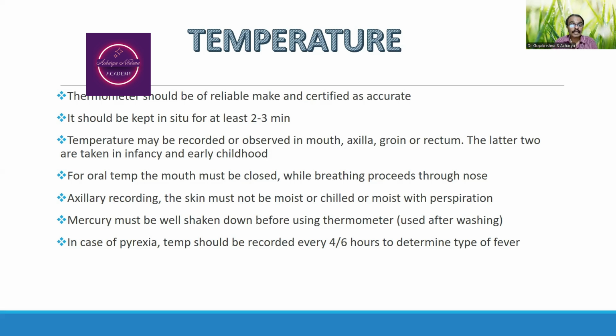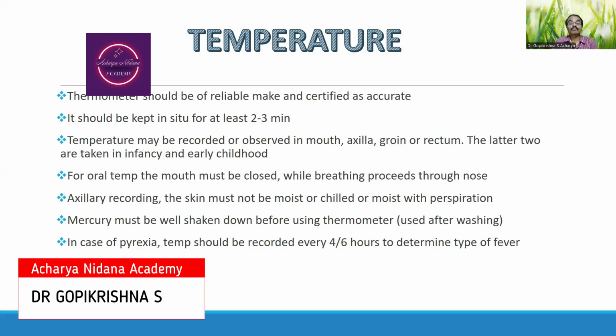Whereas while recording the axillary temperature, any sweating present in the axilla should be wiped out, and the mercury bulb should be kept in the anterior axillary fold. Before recording the temperature, the mercury should be well shaken down, and the thermometer should be used after washing.